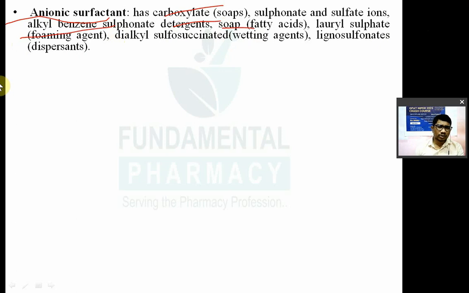Okay. So this sodium lauryl sulfate is a foaming agent or detergent, mostly used in soaps and toothpaste and all that.